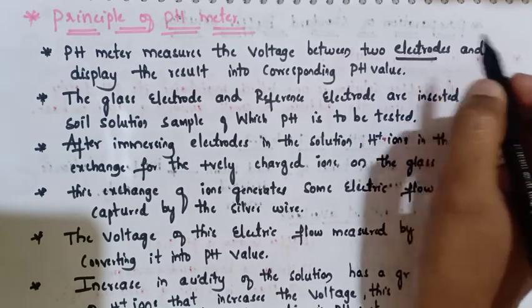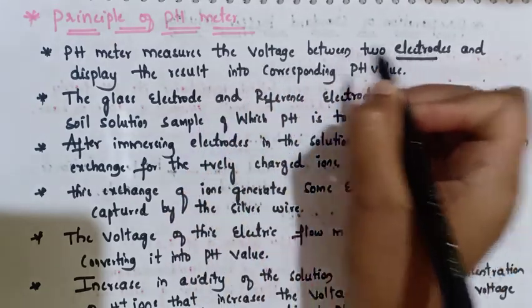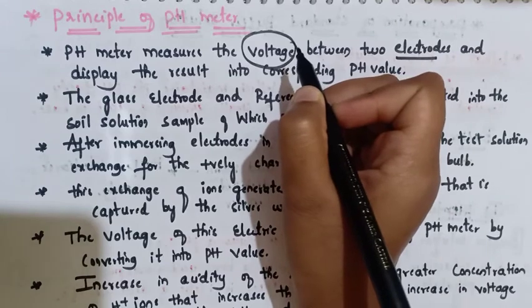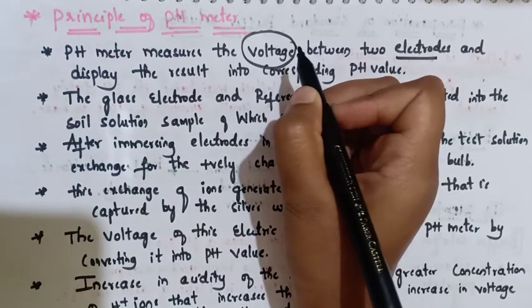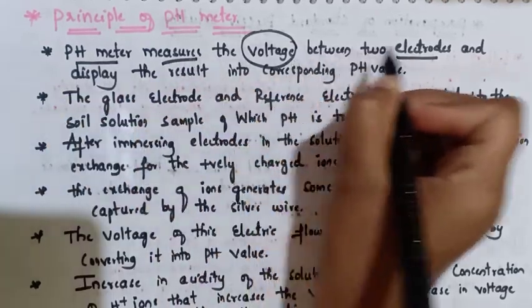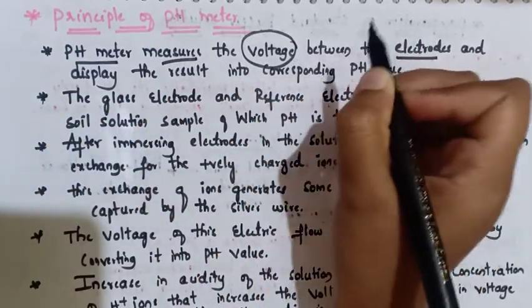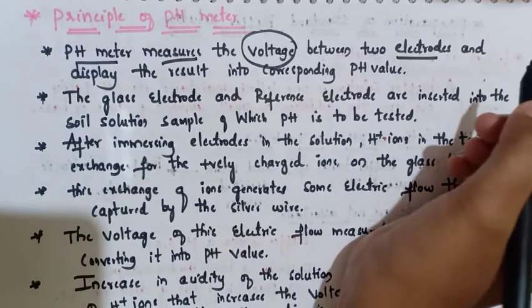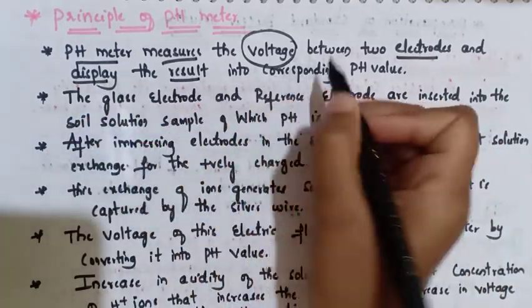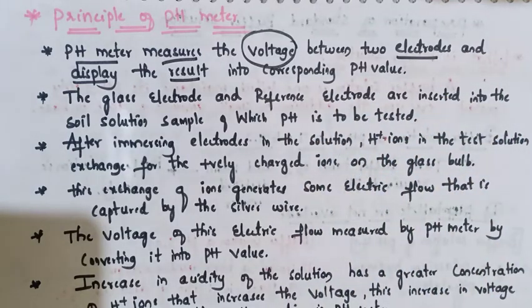What is voltage? It is the difference in electrical potential between 2 points. This pH meter measures the voltage between the two electrodes, that is the glass electrode and the calomel reference electrode, and displays the result as the corresponding pH value. This is about the first point.